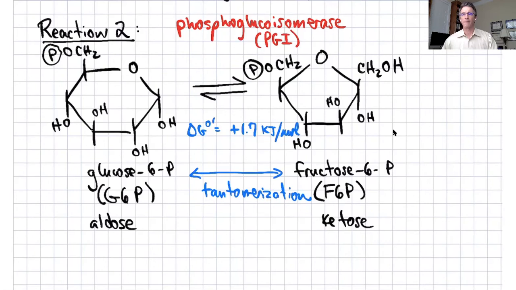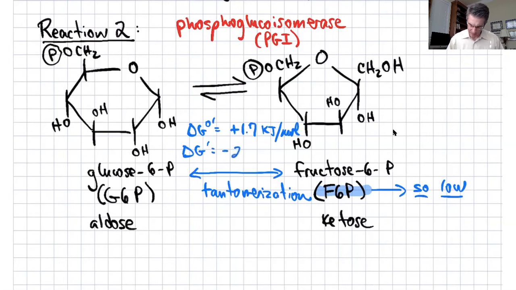Well, if you remember, equilibria can be moved around based upon changes in the concentration of the reactants or the substrates. And it turns out that under cellular conditions, the concentration of fructose 6-phosphate is kept sufficiently low that the free energy change under cellular conditions for this reaction is actually minus 2.5 kilojoules per mole.